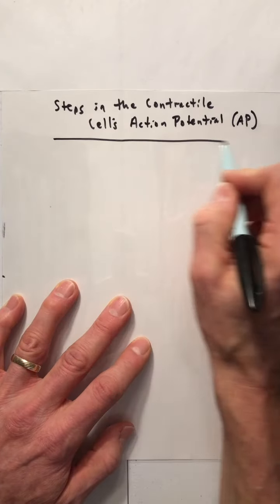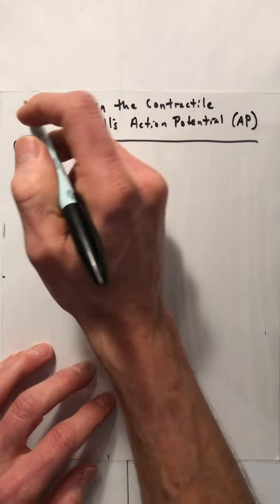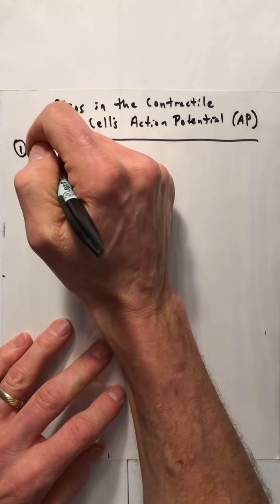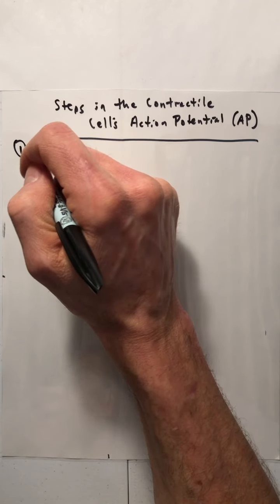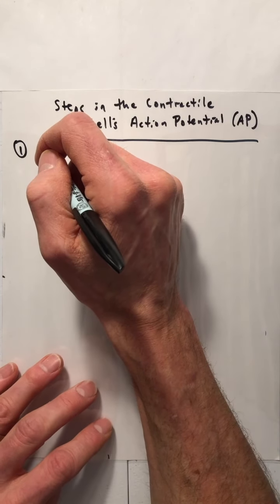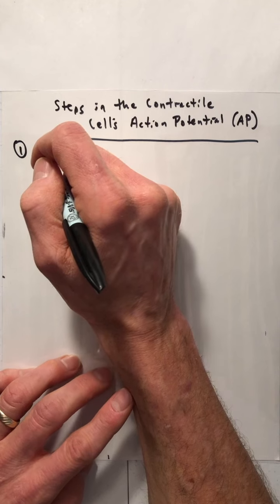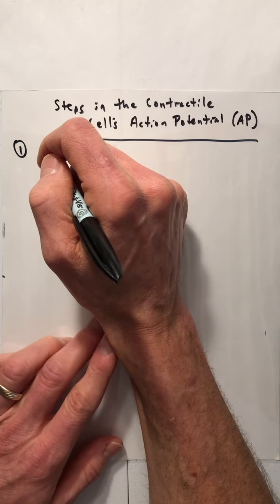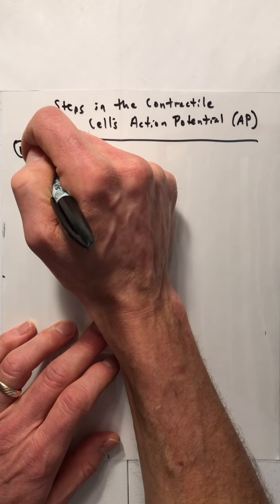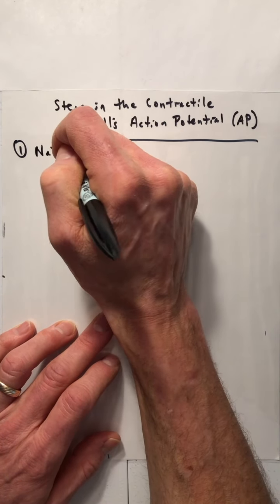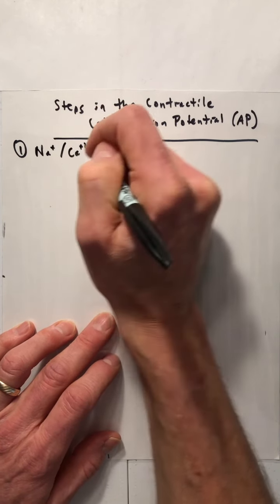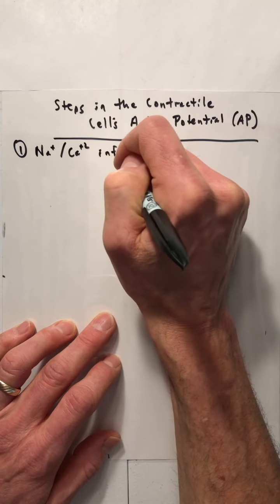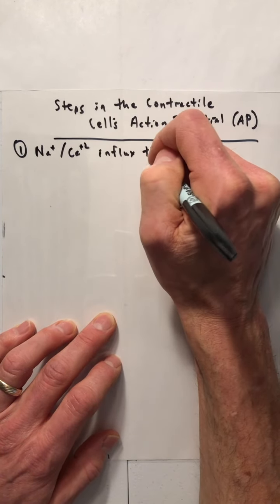So to start out, the cell's at rest. And that cell will move from resting membrane potential, which is minus 90 millivolts, up to minus 70 millivolts because of calcium and sodium influx from neighboring cells. So you've got sodium ions and calcium ion influx through gap junctions.